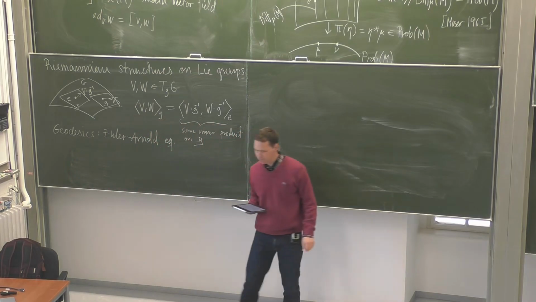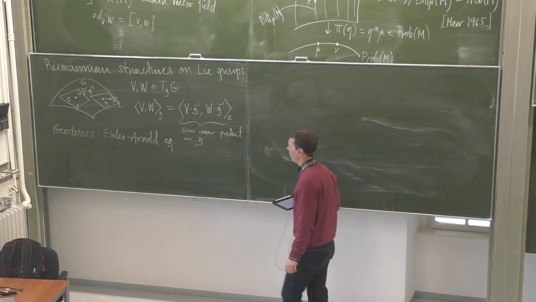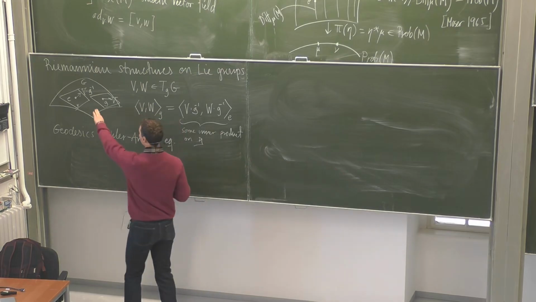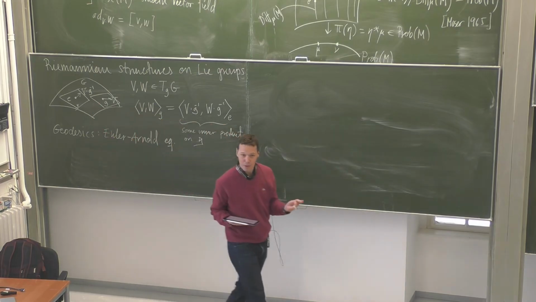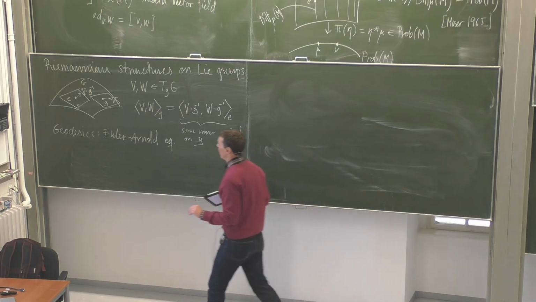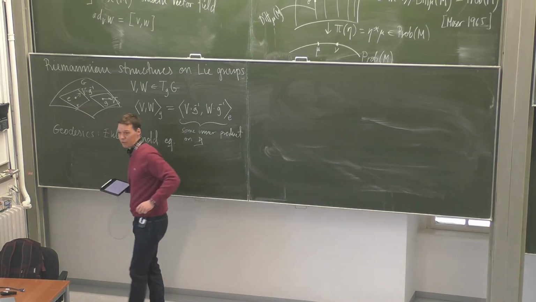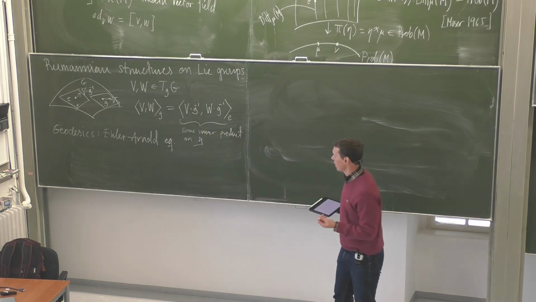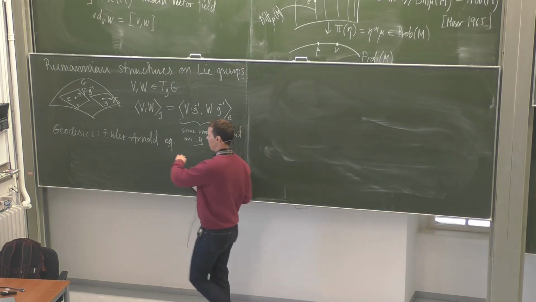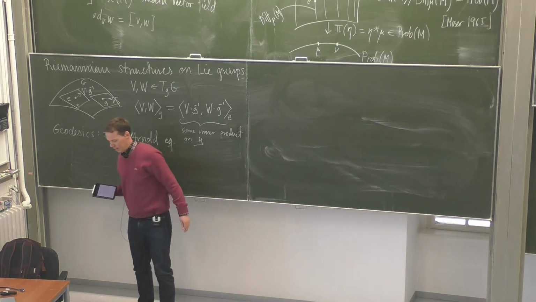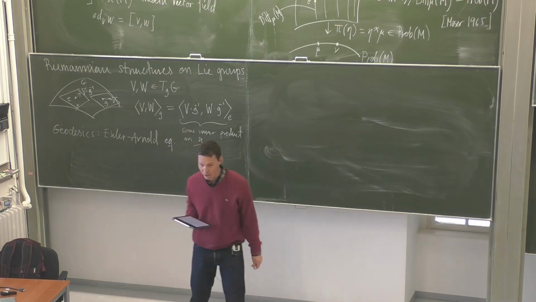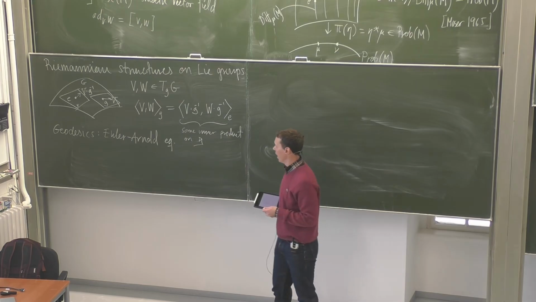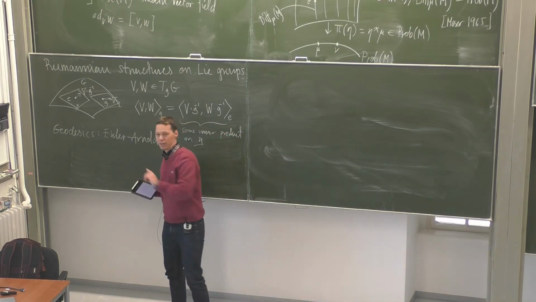Why are they called like that? Euler, because in a particular case, when G is the volume-preserving diffeomorphisms, and you take the inner product at the algebra, which then would be divergence-free vector fields, to be just the L2 inner product, then it turns out that the geodesic equation that you get is directly described by Euler's equations. And Arnold, because Arnold was the one that explained this.